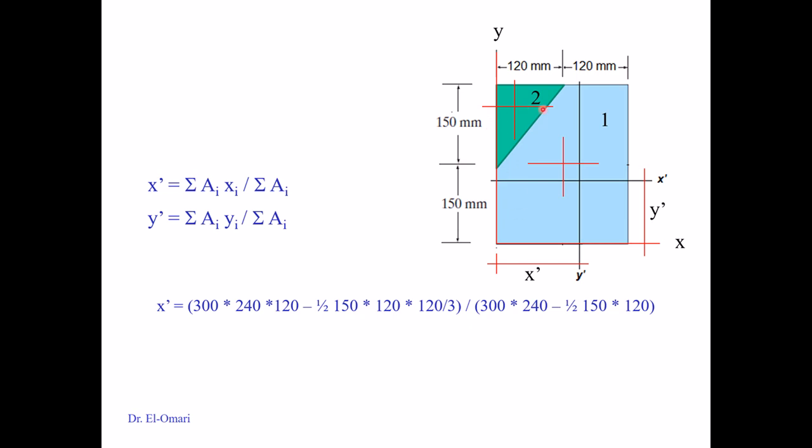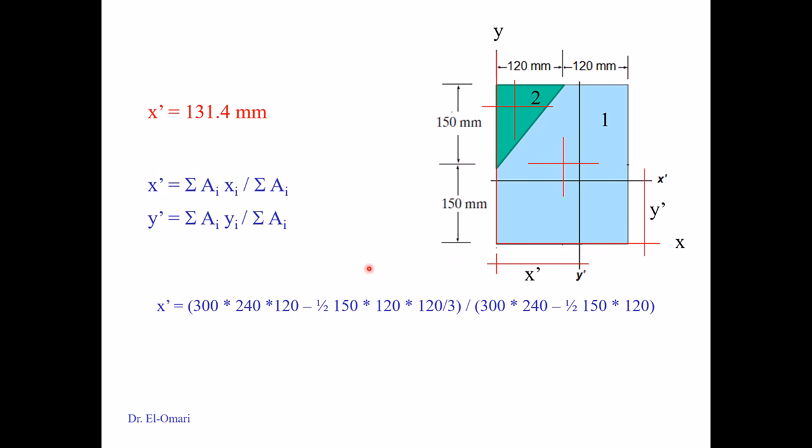And then divide by the sum of the areas, so it's 300 by 240, and then subtract the triangle area. This will give us the location of the y-axis of the whole cross-section, represented by this x prime.